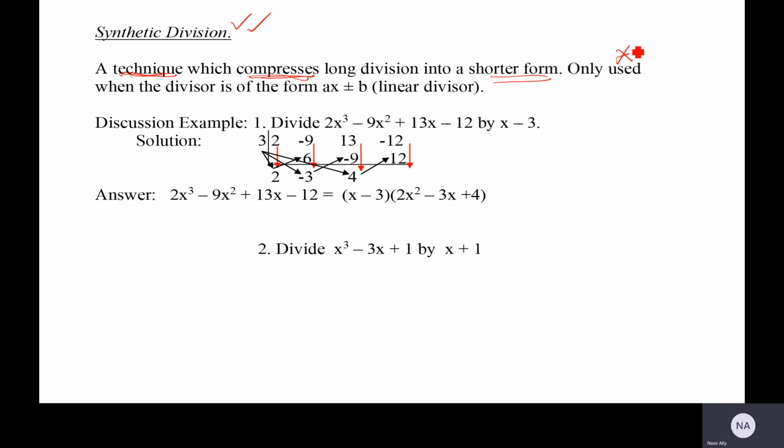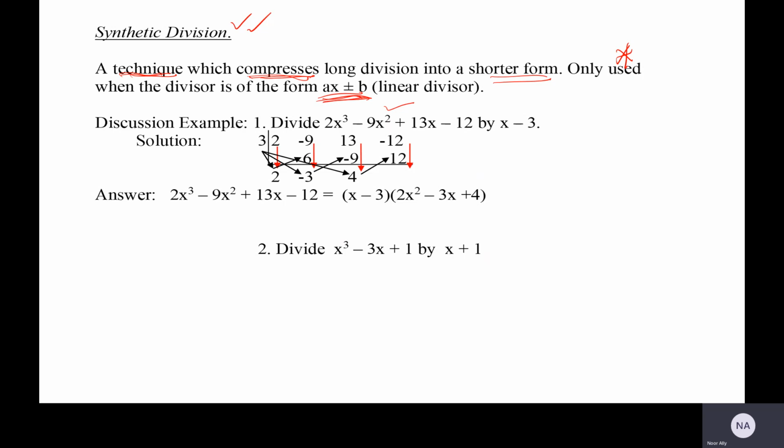And this is important. We can only use it when we have linear divisors. So for example, example 1, divide 2x cubed minus 9x squared plus 13x minus 12 by x minus 3. And there the solution is displayed.